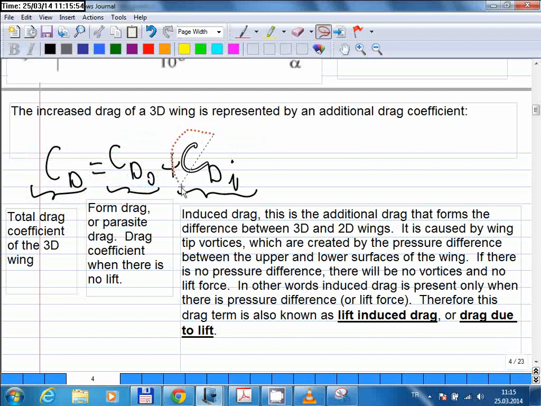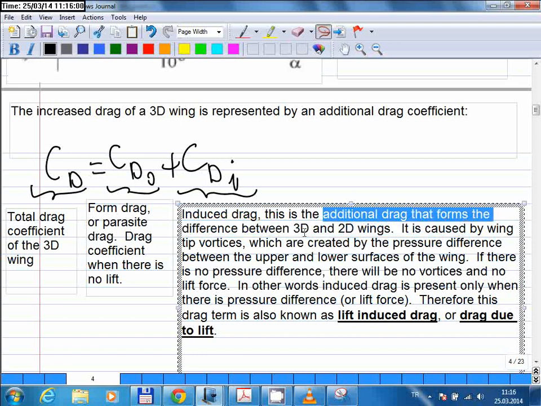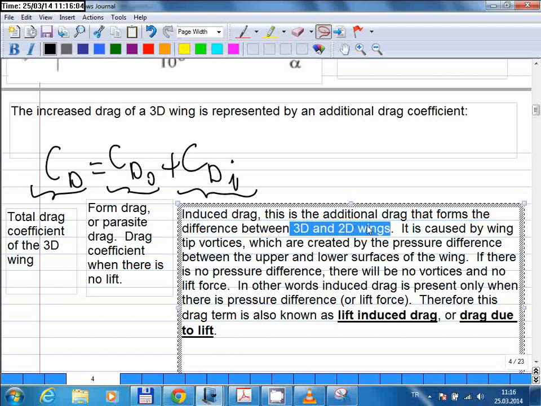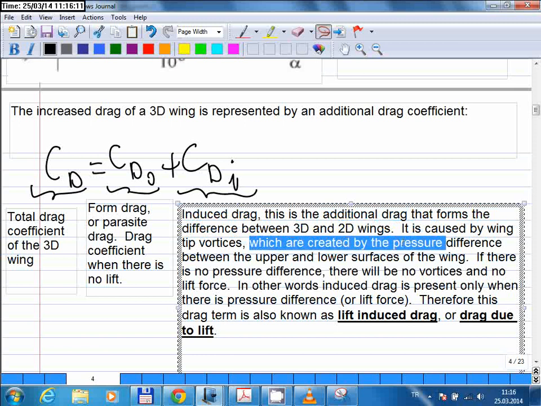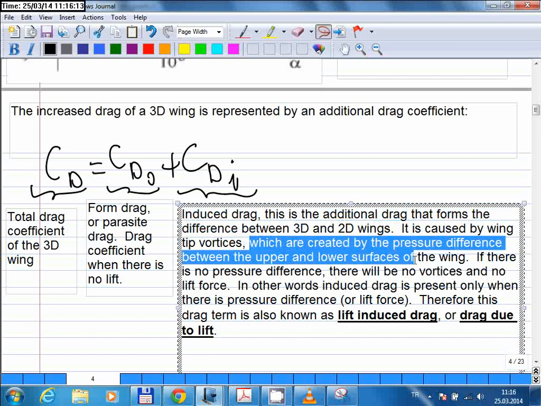The second component is called the induced drag. This is the additional drag that forms the difference between three-dimensional and two-dimensional wings, which is caused by wingtip vortices. And these wingtip vortices are created by the pressure difference between the upper and lower surfaces. If you think about that, if there is no pressure difference, if the pressure at the lower surface is the same as the pressure at the upper surface, then there will be no vortices created, right?